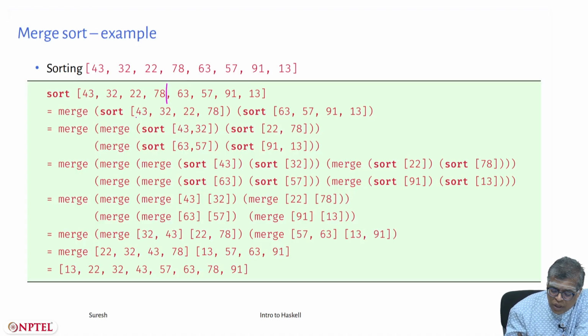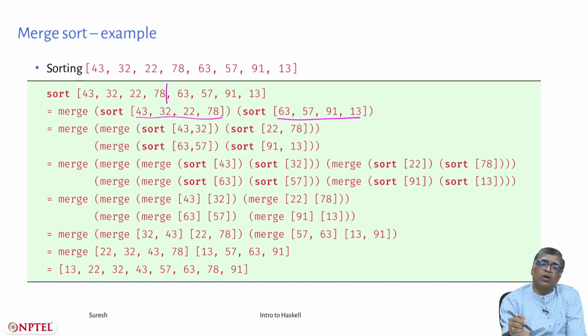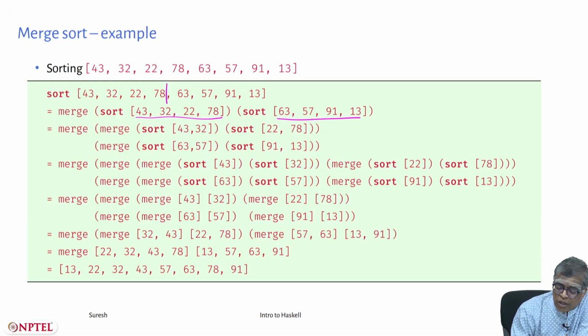I have 43, 32, 22, 78 here, 63, 57, 91, 13 here. Now recursively I have to sort 43, 32, 22, 78, that means merging the sort of 43, 32 and the sort of 22, 78, and on the other hand I have to merge the sort of 63, 57 and the sort of 91, 13.